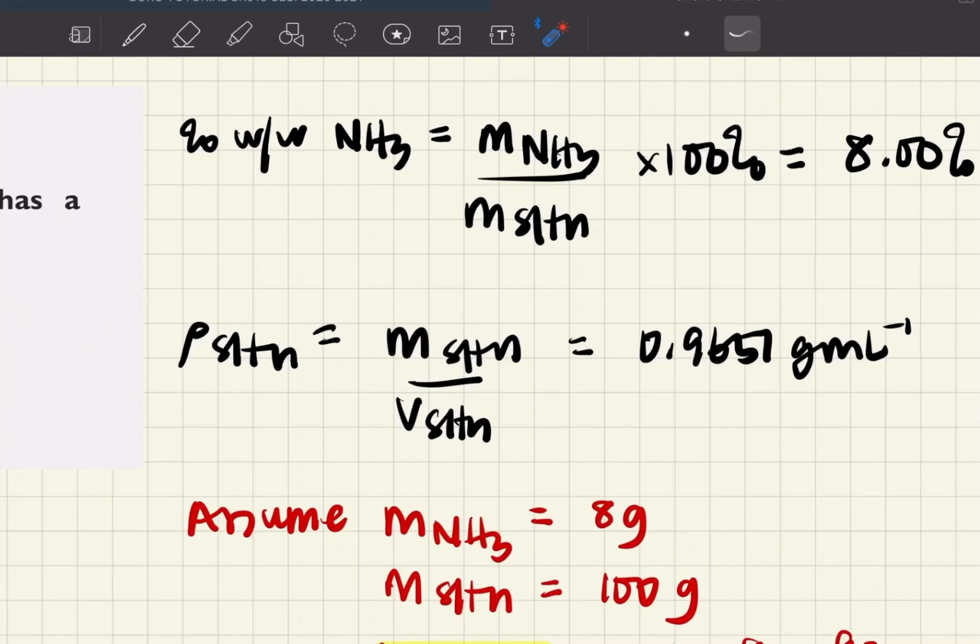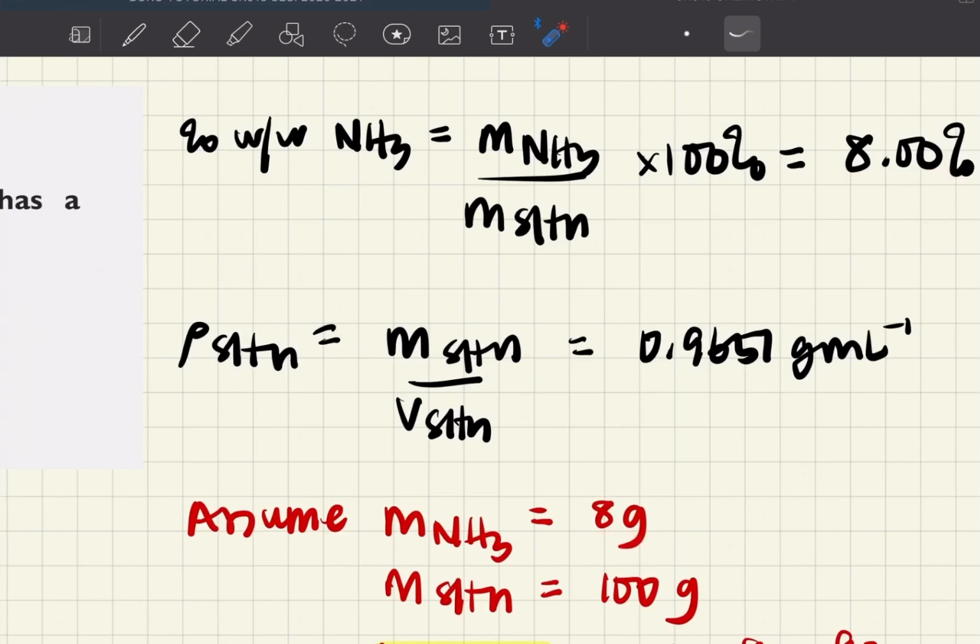Okay, so what we're going to do, using this information, is assume that 100% is represented by 100 grams. Okay, so that means the mass of your solution will be 100 grams, while the mass of your NH3 will be 8 grams, since the percentage by mass of NH3 is 8%.